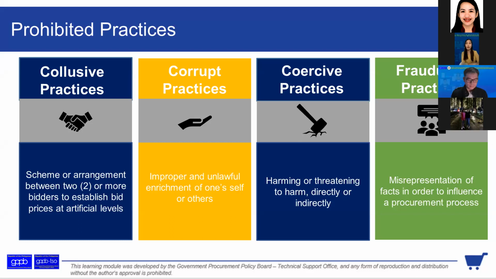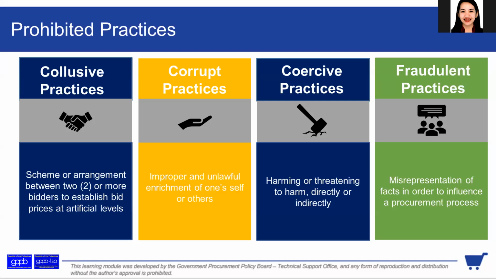Yung ginawa mo, you commit something to fraudulently misrepresent some facts or yourself to influence the procurement process. Or pwedeng hindi mo ginawa, hindi mo sinabi. Kasi may mga ibang tao, sinasabi, hindi naman ako nagsisinungaling, di ko lang sinabi. Under the law, considered pa rin yun. Kasi acts of commission and omission ang kasama sa fraudulent practice.